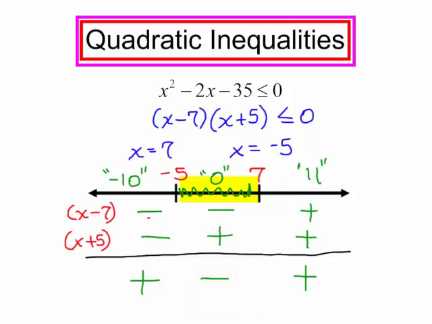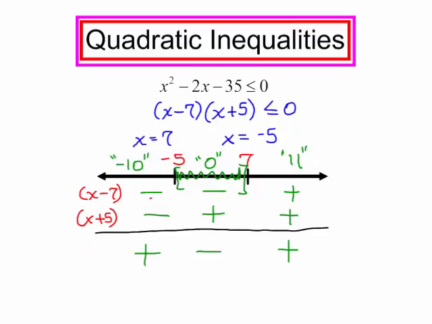Now it did say less than or equal to, so that means I will include negative 5 and 7. How do I write this in interval notation? It will be a bracket and the interval starting and including negative 5 and going to positive 7.